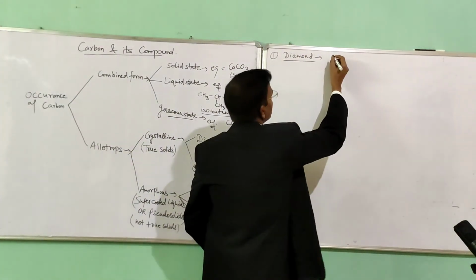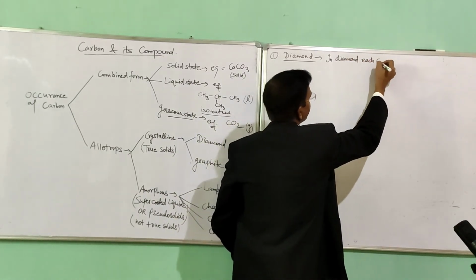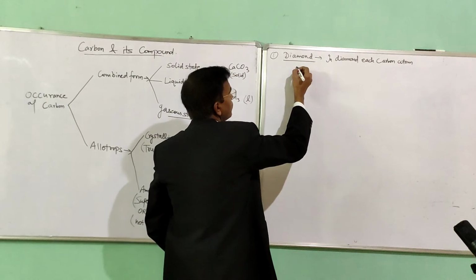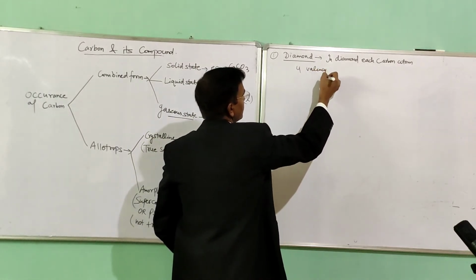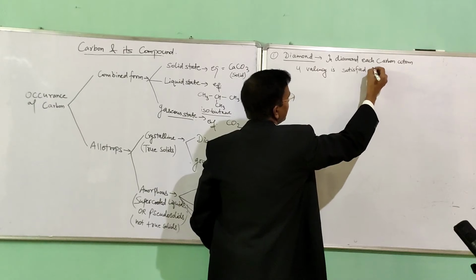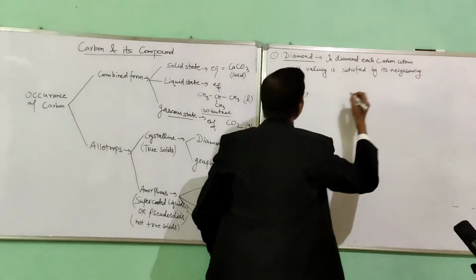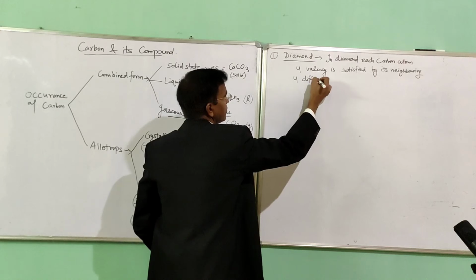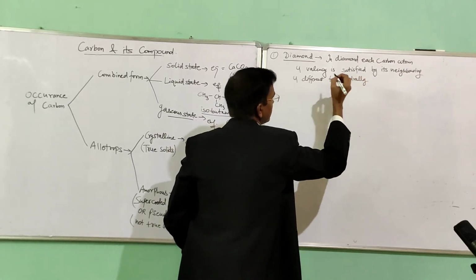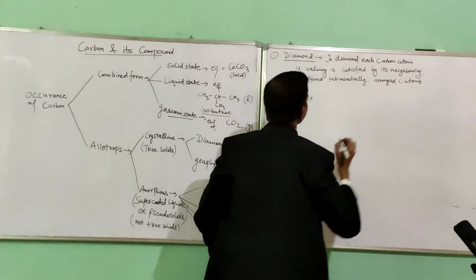So in diamond, each carbon atom's four valencies are satisfied by its neighboring four different tetrahedrally arranged carbon atoms, right?